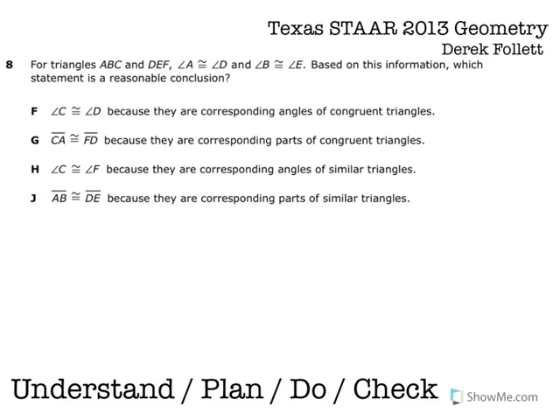F says angle C is congruent to angle D because they are corresponding angles of congruent triangles. G says segment CA is congruent to segment FD, or side CA is congruent to side FD, because they are corresponding parts of congruent triangles. That might sound familiar.